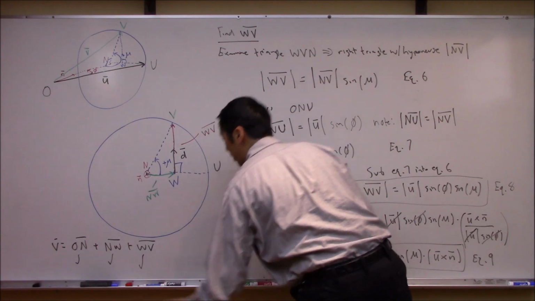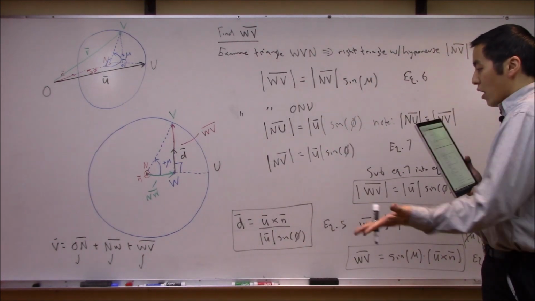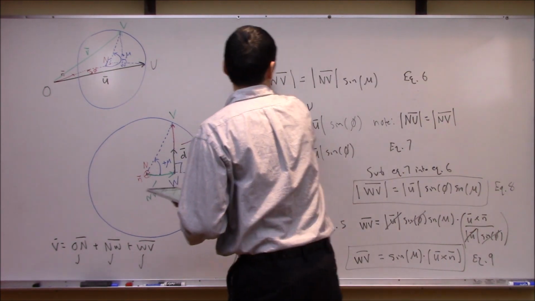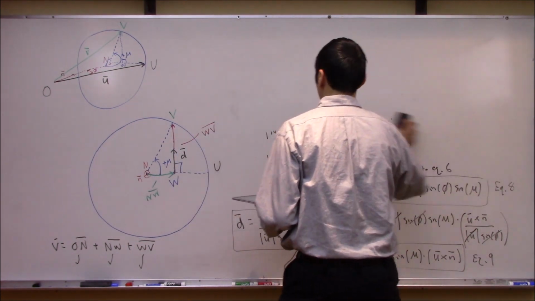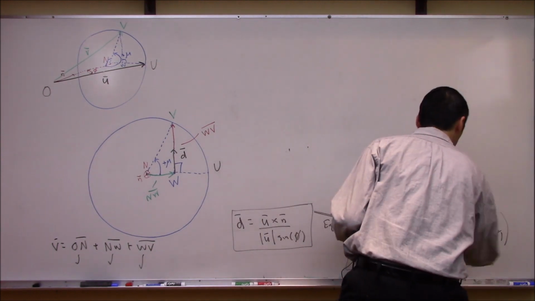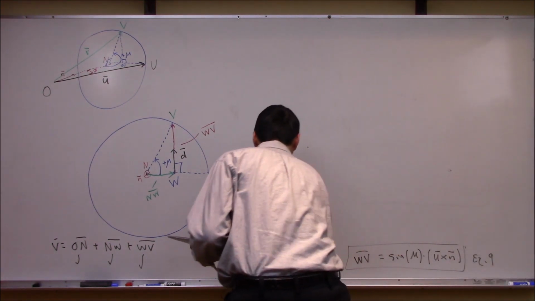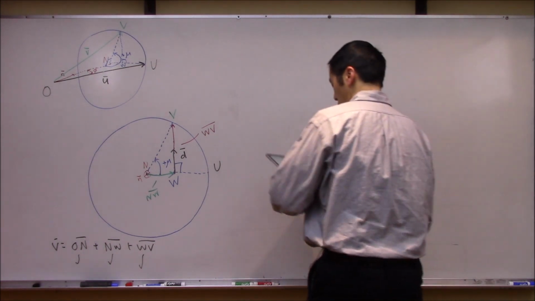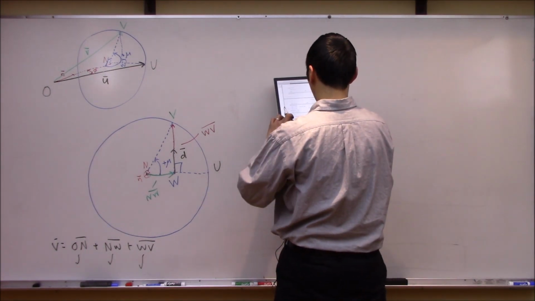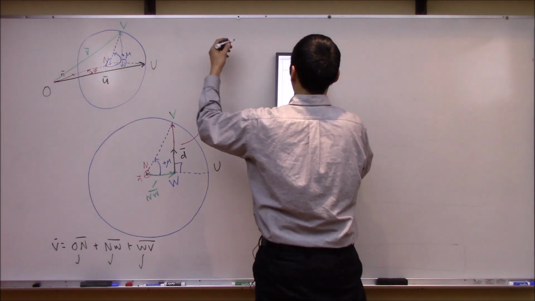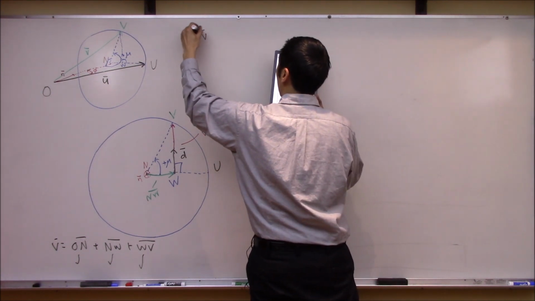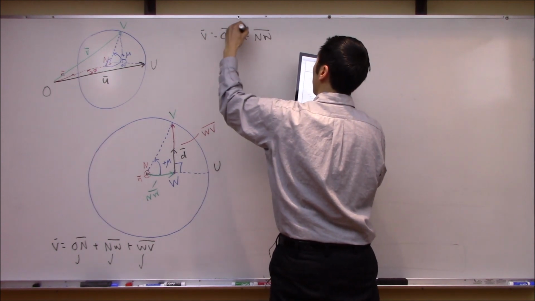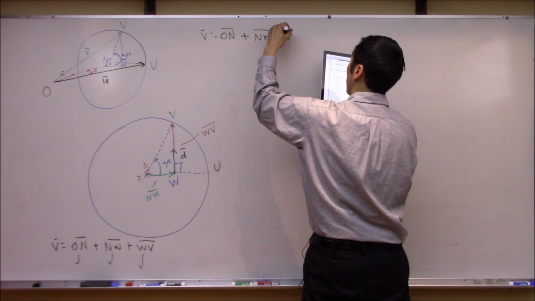So now we got the 3 of these things. So putting them all together, let's go ahead and now write down Goldstein's rotation of a vector formula. So overall, at the end of the day, we said V was going to be ON plus NW plus WV.